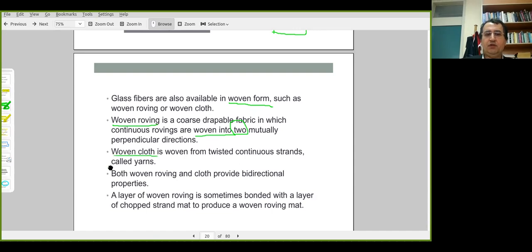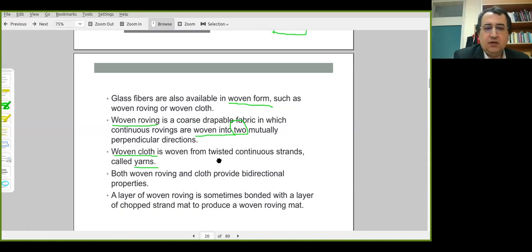Woven cloth is similar to woven roving, but this is produced from yarns. So what is the distinctive feature of yarn? What is the difference between a yarn and a strand? Woven roving is produced from regular strand. Woven cloth is produced from yarn.